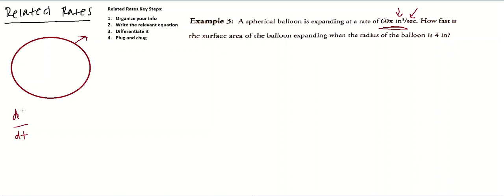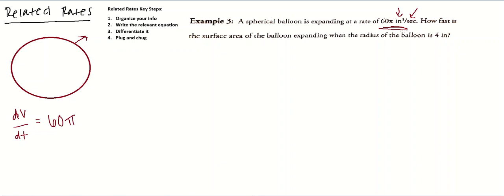So we are talking about dv dt, the rate of change of the volume of this sphere. And we know it's going to be positive because this balloon is expanding. If the balloon was shrinking, it should be negative. But it's positive because it's expanding, and it's expanding at exactly 60 pi. So dv dt is 60 pi.